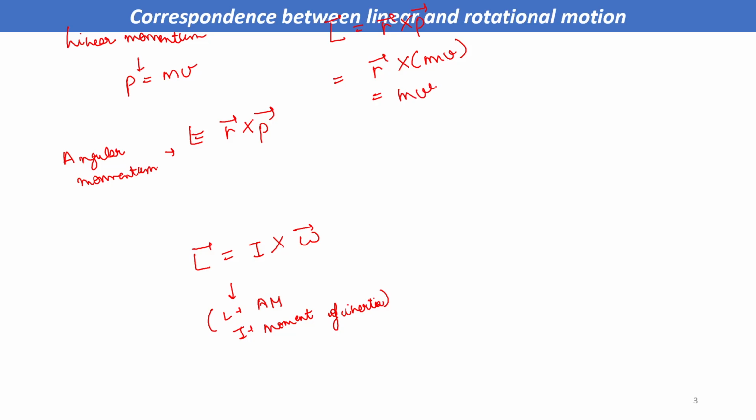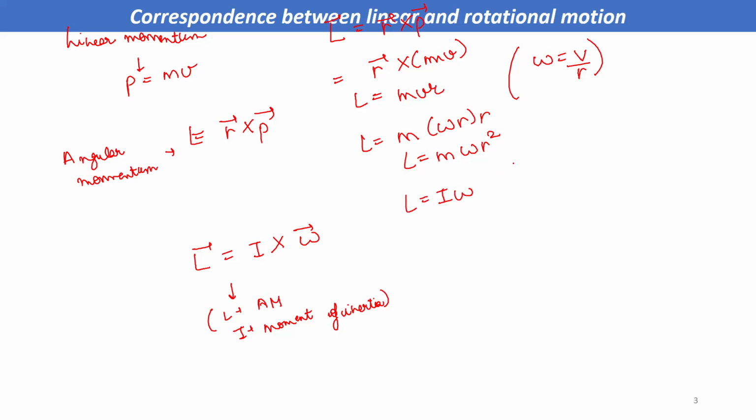So it will be mvr. L is equal to mvr. Also from the above we know that angular velocity is equal to linear velocity by r. So we can substitute the value of v here, that is L is equal to m omega r by r. That is L is equal to m omega r square. We know that L is equal to I omega, because I is equal to m r square. So here we can simply remember these formulas.